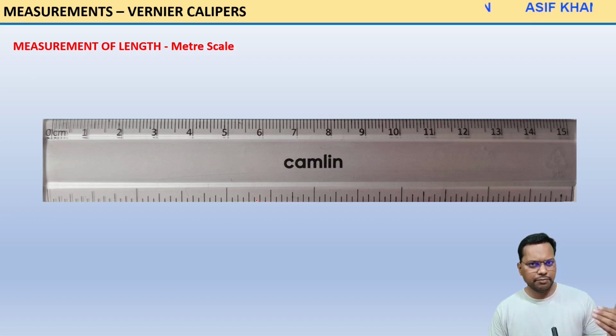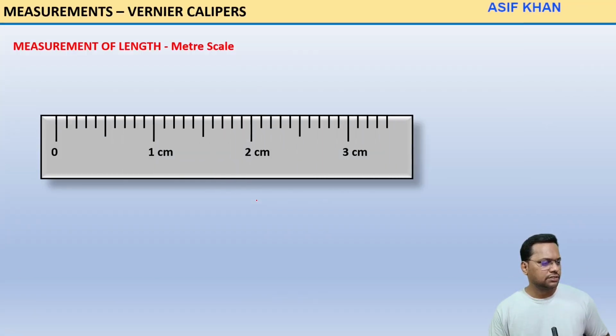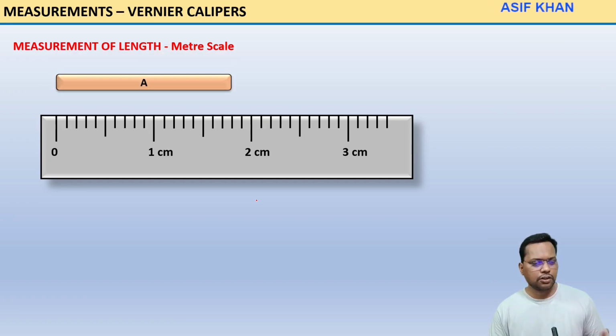Now here we measure the length of some object. The picture shown on the screen is the magnified one, the magnified picture of millimeters and centimeters, so you don't get confused here. There is an object of a certain length and we want to measure the length of the object. So we compare the length of the object with the given divisions.